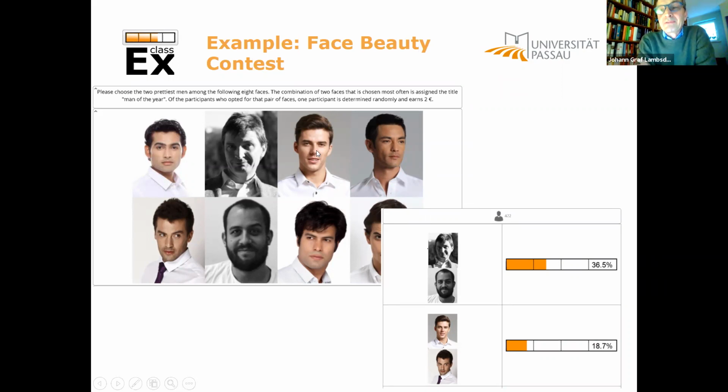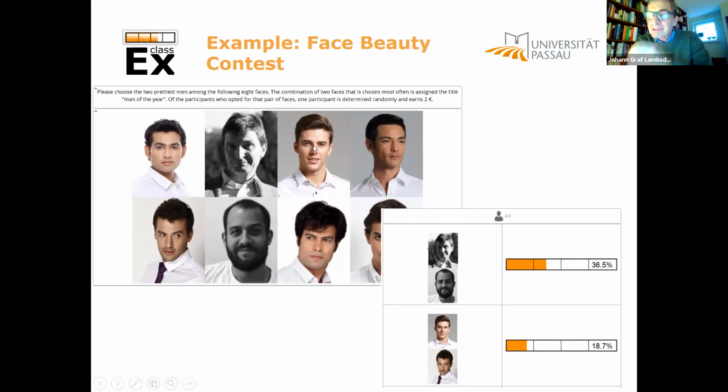And you may also have some thoughts about what the other people in the classroom or in the online audience consider the prettiest. And you might then select the prettiest faces in a type of derivative salience, in the sense that you have a sense that others probably like him the most, so I rather pick him as well.